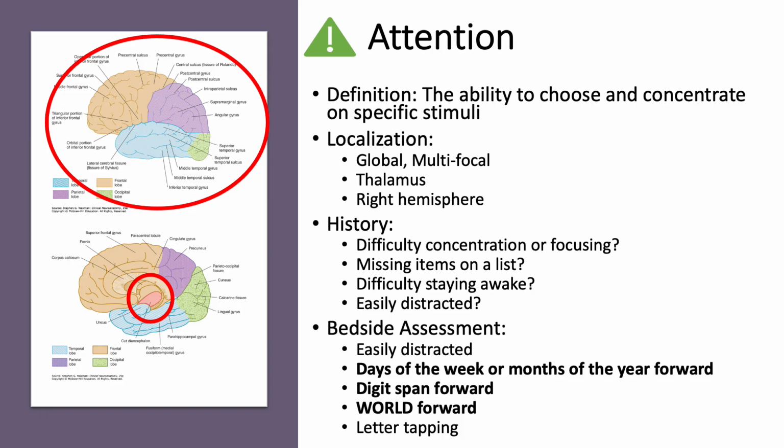And then you can do tests like word finding. You can do days of the week, just asking the patient to state the days of the week and see how that goes from Monday to Sunday. Can they name all the days of the week in the correct order? And then you can always do backwards as well, depending on how well they perform on that particular task.